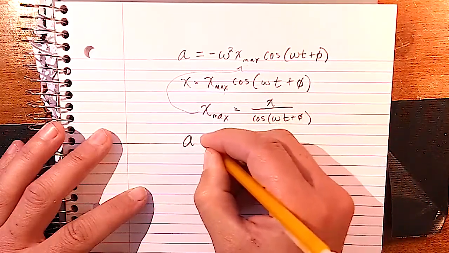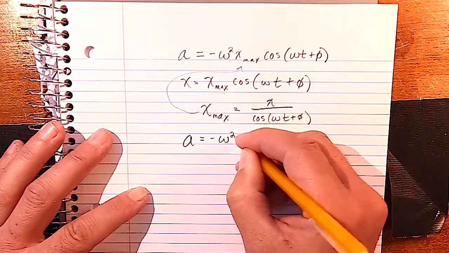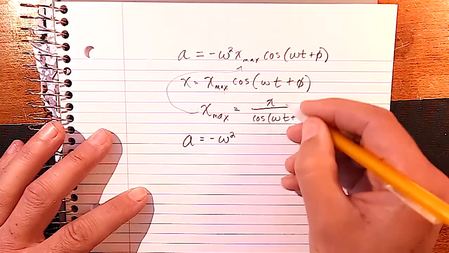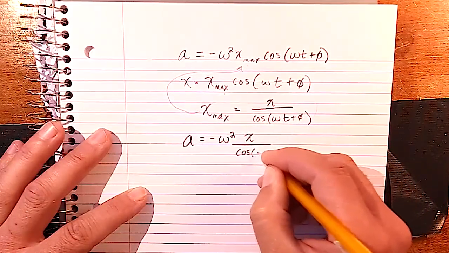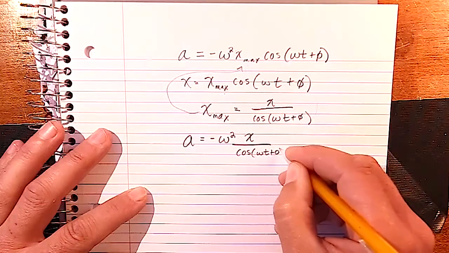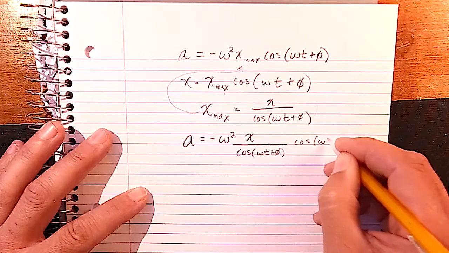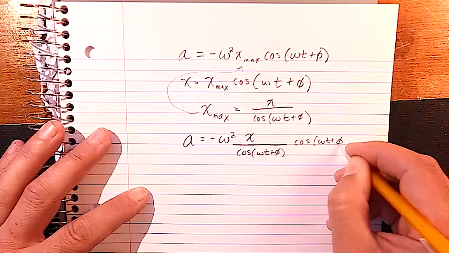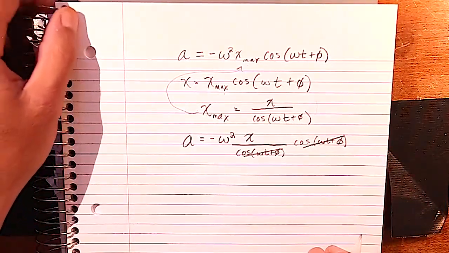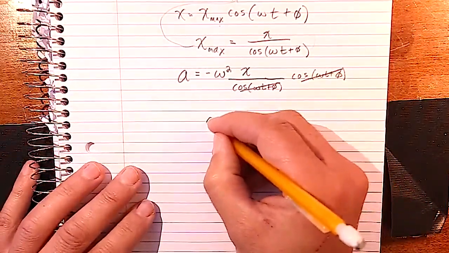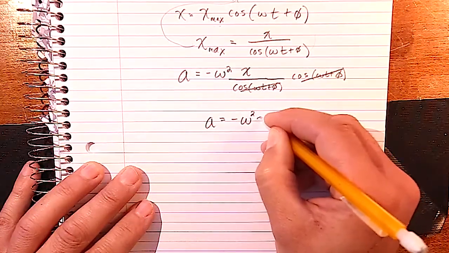So a is equal to negative omega squared, multiplied by x over cosine omega t plus phi, all multiplied by cosine omega t plus phi. Well, what's going to happen? These are going to cancel out, which means we get rid of time. And we're left with a is equal to negative omega squared x.